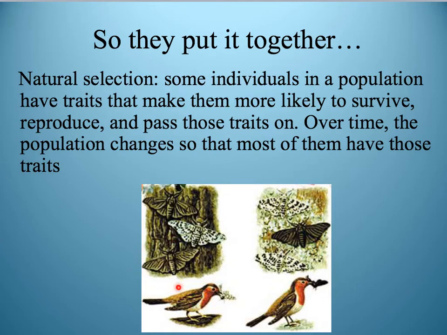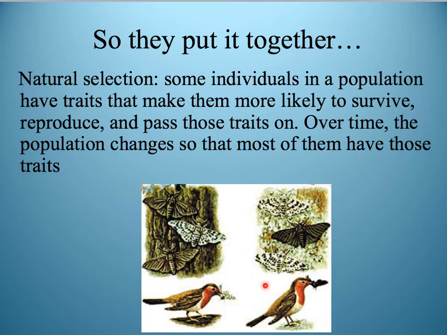Whereas these brown moths in this particular tree are able to blend in and pass those brown moth genetics onto their offspring, which then will be brown moths and pass those on to their offspring. So eventually you end up with more brown moths.